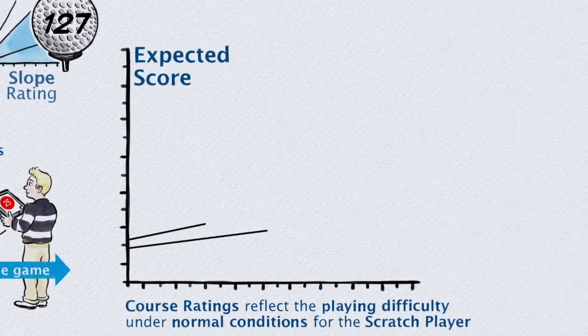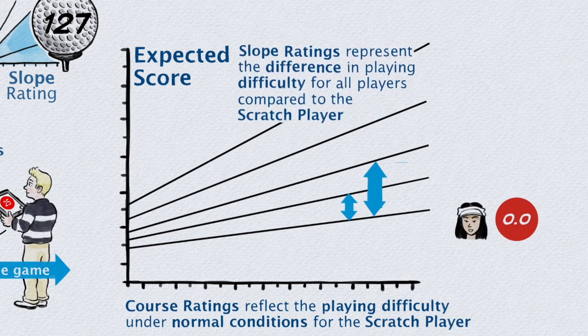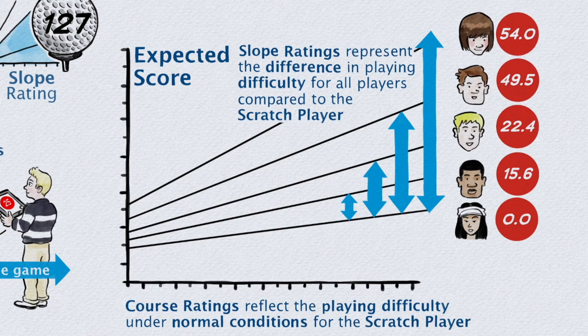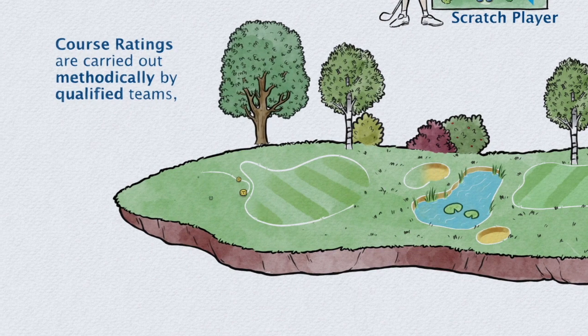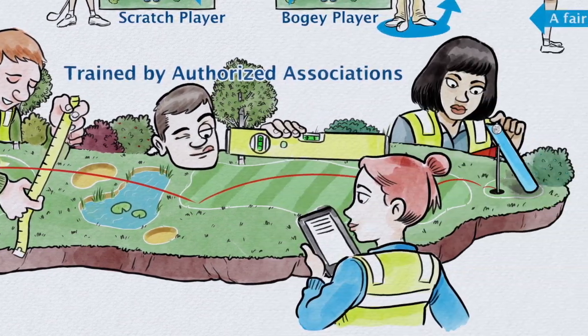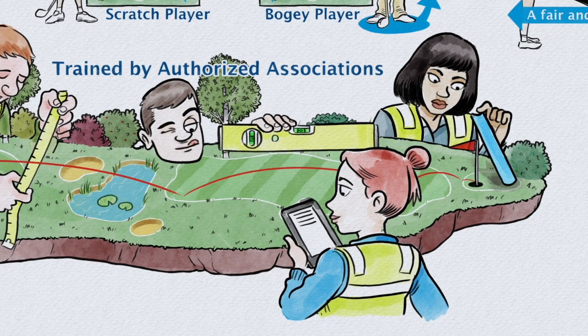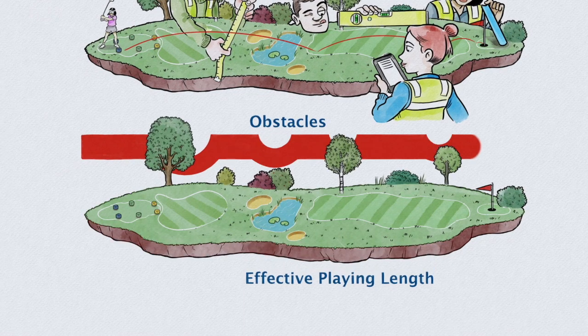Course ratings reflect the playing difficulty under normal conditions for the scratch player. Slope ratings represent the difference in playing difficulty for all players compared to the scratch player. Being a fundamental part of the handicap system, course ratings are carried out methodically by qualified teams, trained by authorized associations. Ratings are based on normal course and weather conditions, with each hole being evaluated for effective playing length and obstacles.